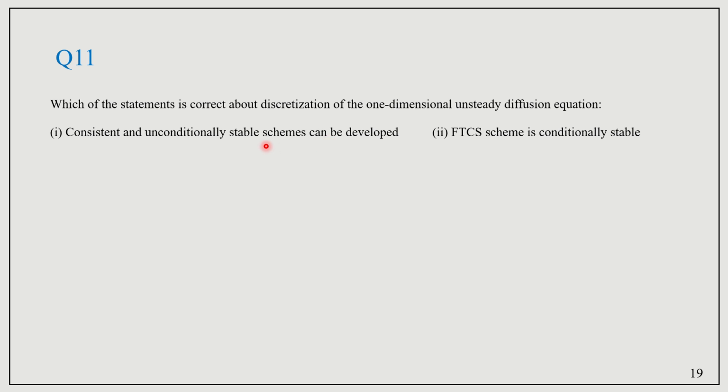So actually, both the statements are correct here. We can develop consistent and unconditionally stable schemes as well, but when we are using the FTCS scheme, it is conditionally stable. So both the things are true. We'll look at the options now. Option A 1 only, option B 2 only, option C both, option D neither.